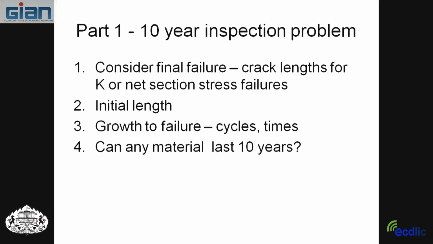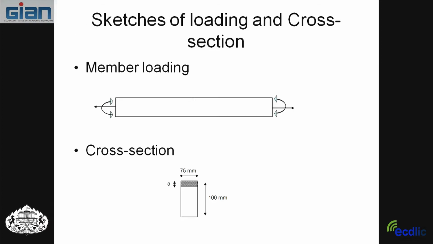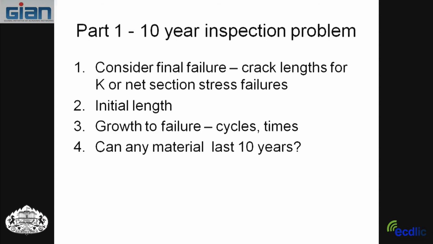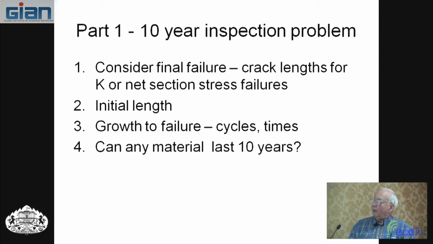So for the 10-year inspection period, I looked at crack lengths versus K and net section stress. I worried that this thing could fail due to net section overload or to K1C, either way. And for the initial length, I picked 1 millimeter growth in cycles or in time if you get above the K1SCC.